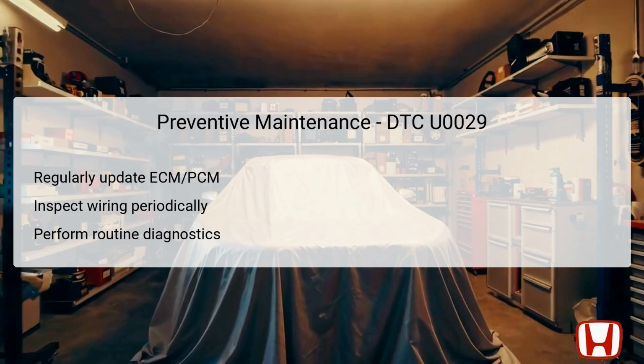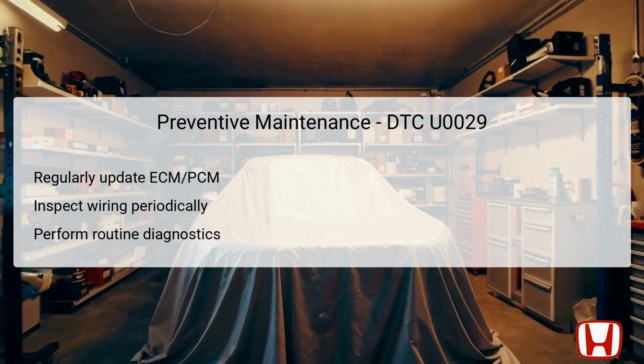To prevent the recurrence of DTC U0029, regular maintenance is vital. One approach is to keep the ECM and PCM updated with the latest software releases. These updates often address enhancements and potential issues that could result in DTC errors.